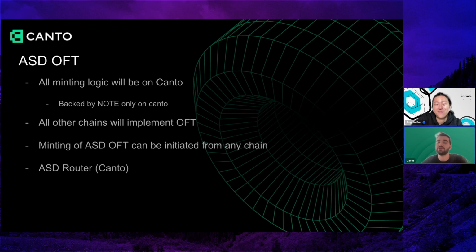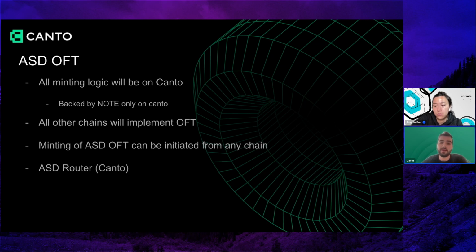OFT is the omni-chain fungible token. So it's basically just LayerZero's implementation of ERC20 that will connect with the endpoints and the security stack to mint and burn from one chain to another. So it's basically just a new type of bridging for a token. So back to the other point.